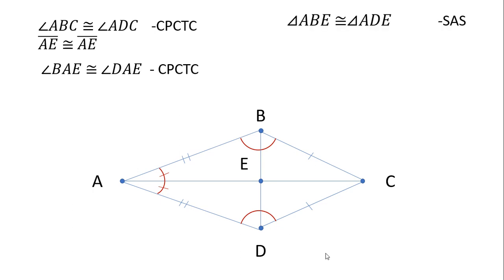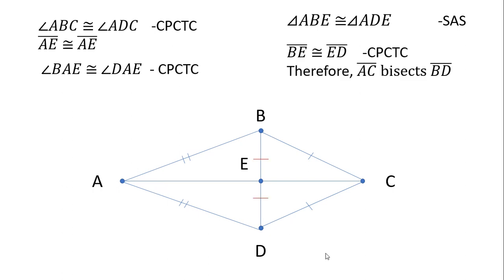Therefore, the ABE and ADE triangles, those two triangles above each other on the left side, are congruent by the SAS theorem, because we already stated that AB and AD are congruent, and AE is congruent to itself, and we have that angle in between those two segments, so we can say those two triangles are congruent.